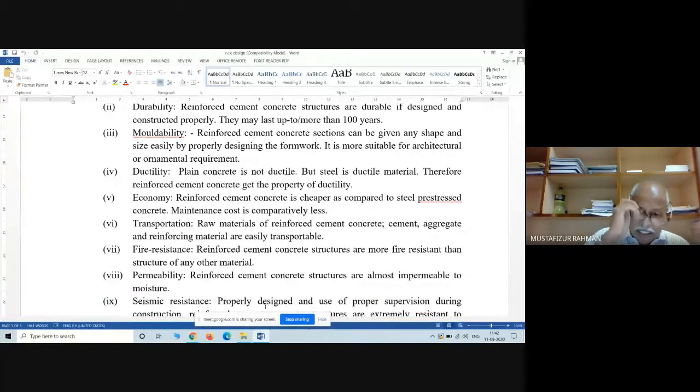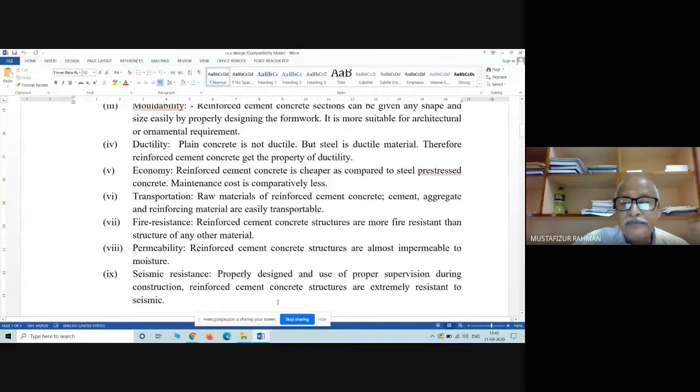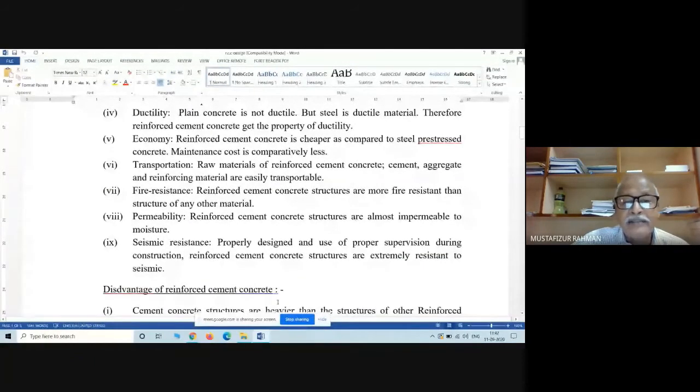Okay, then fire resistance. We cannot say it is fully fire resistive, but to some extent it is. Concrete is fire resistive, but remember, steel is susceptible to fire.